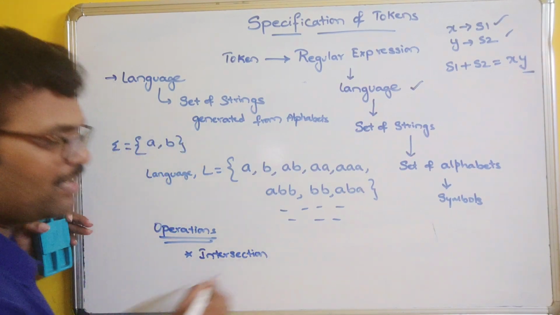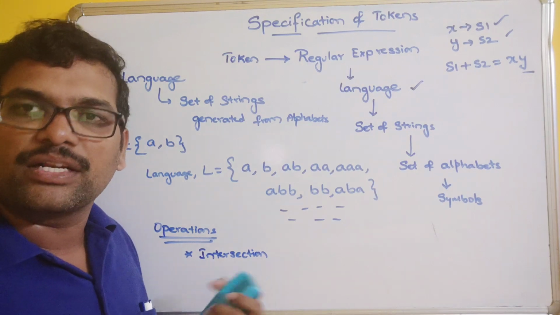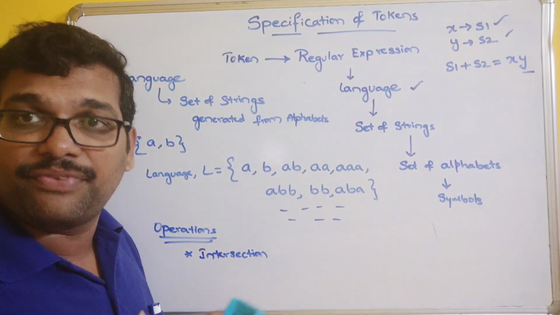The next one is intersection. Here it is nothing but a product of two different strings.